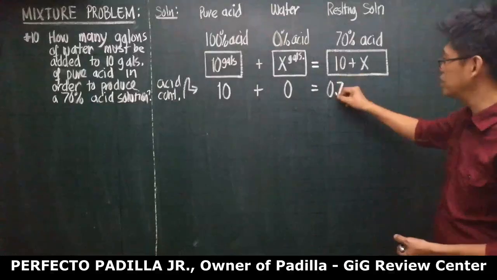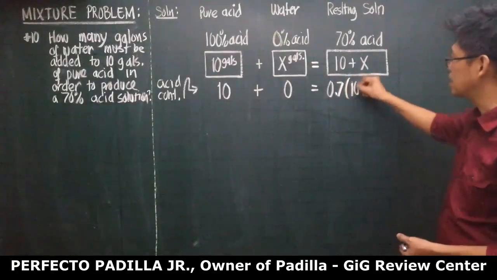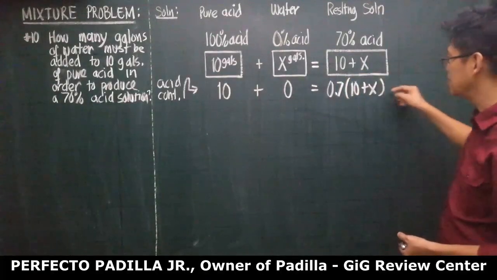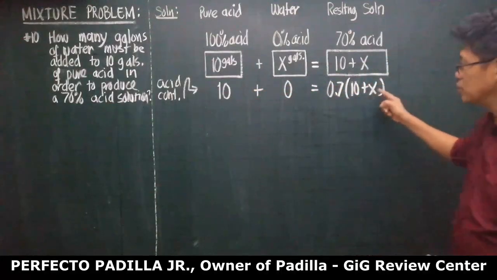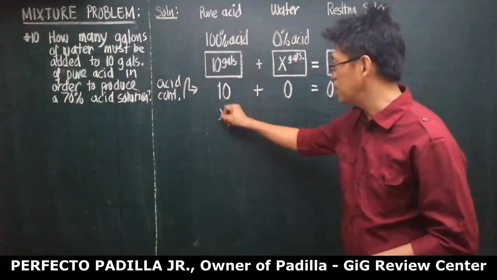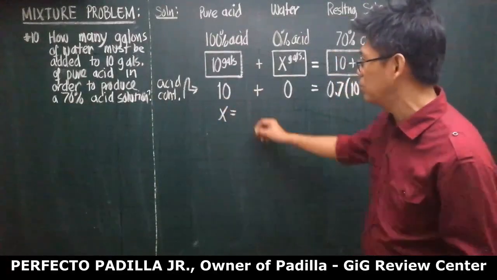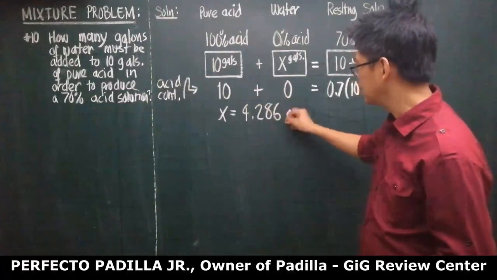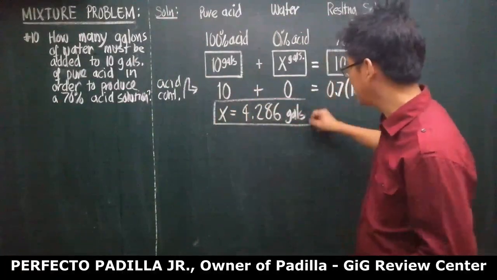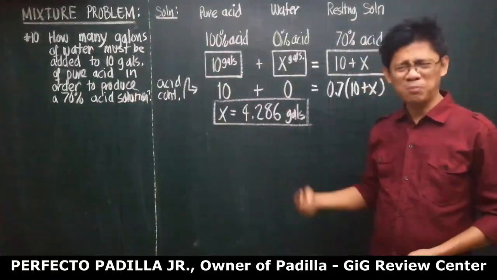So this is 0.7 times 10 plus x. This is one equation in terms of x. You solve this equation and you'll be able to get x to be equal to 4.286 gallons. Naintindihan niyo?